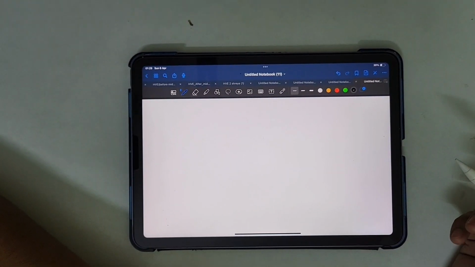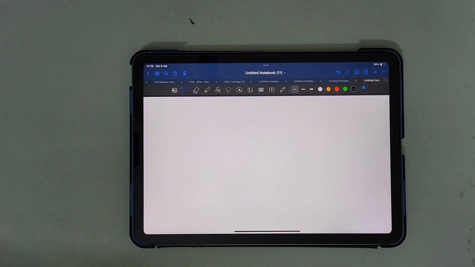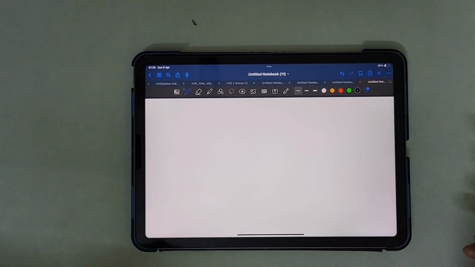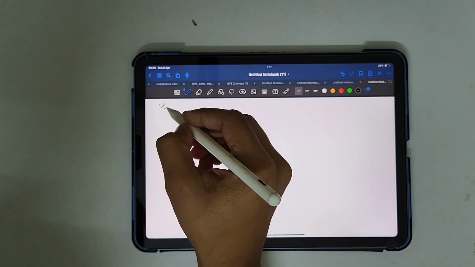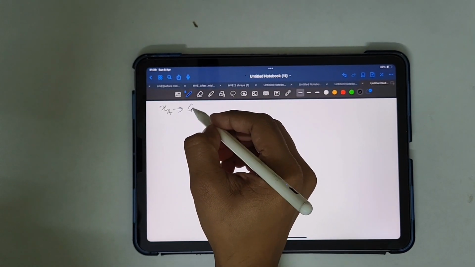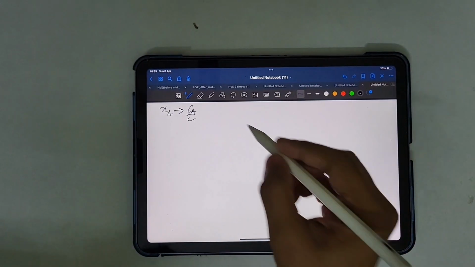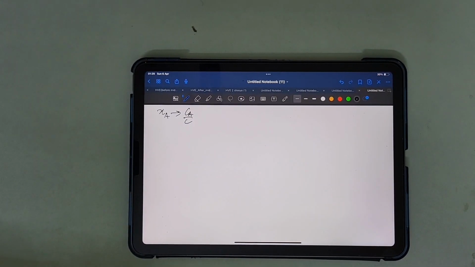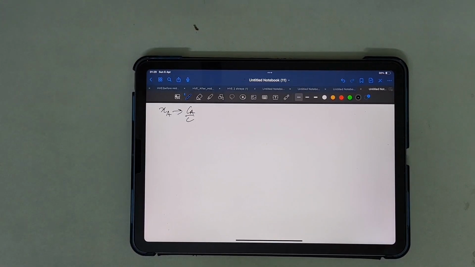Now we'll write the equation in terms of A, because we have to find the steady state concentration of A. So replacing XA with CA by C, and C gets cancelled throughout because C is outside the bracket, we take it common.